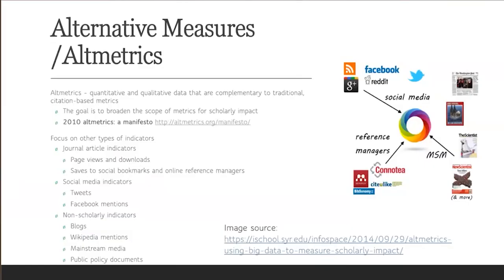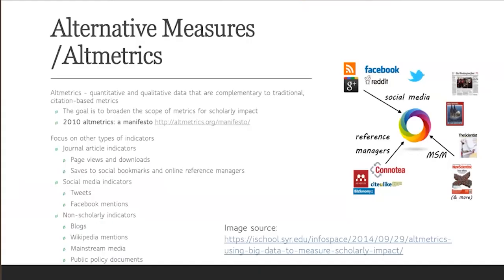So they want to focus on other types of indicators, so not just citations, but in terms of journal articles, look at page views and downloads, saves to social bookmarks and online reference managers like RefWorks or Zotero. Social media, it's a huge part of our life. Twitter, I follow a lot of librarians in my field on Twitter, and I read things and find things out.